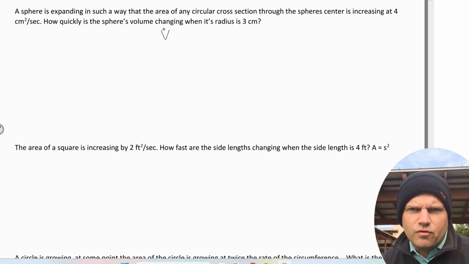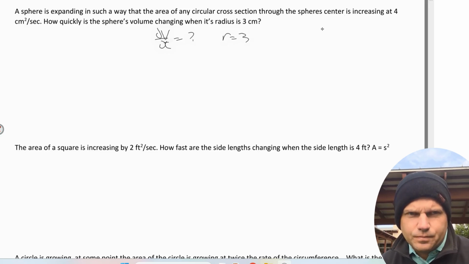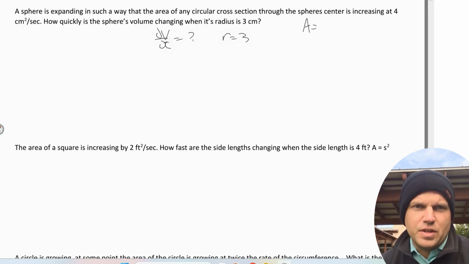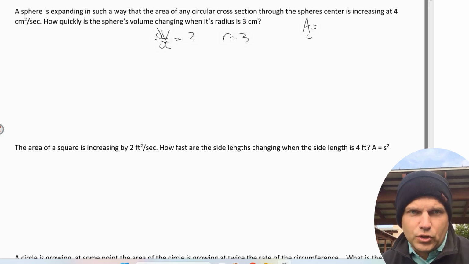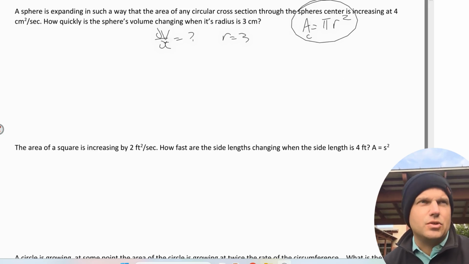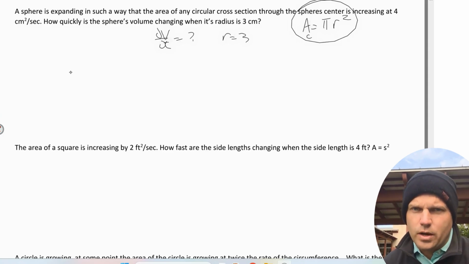How quickly is the sphere's volume changing when its radius is 3? The circular cross section through the sphere's center is increasing at 4 centimeters per second. I probably should have given you that the area of a circular cross section is the same as the area of a circle, which is pi r squared. You probably need to use the area of a circle, pi r squared, because the change in the area is 4 of that circular cross section.